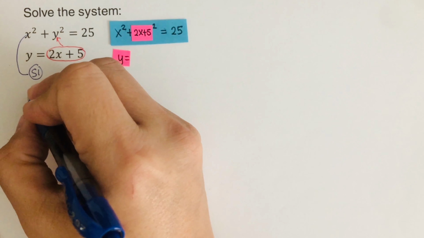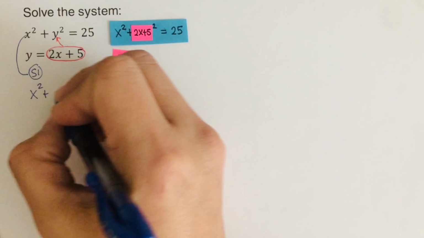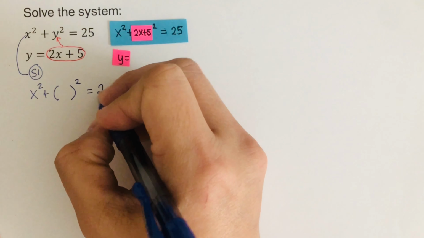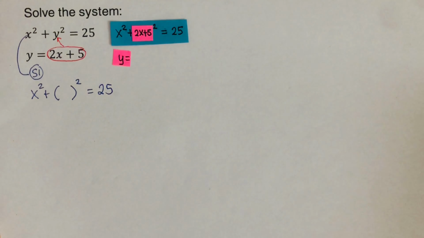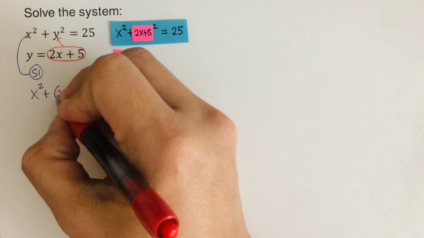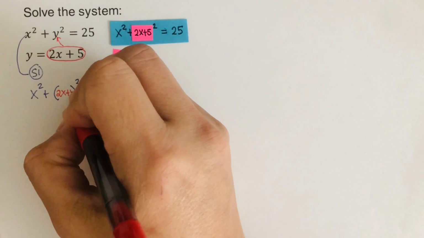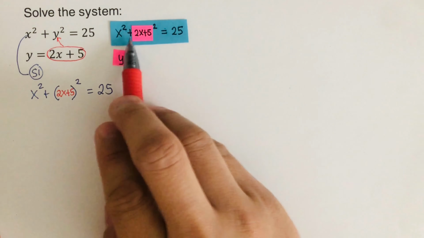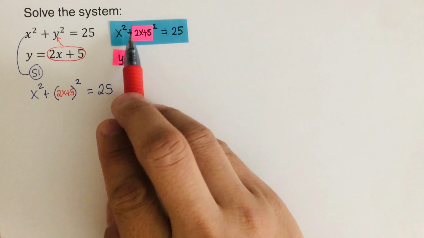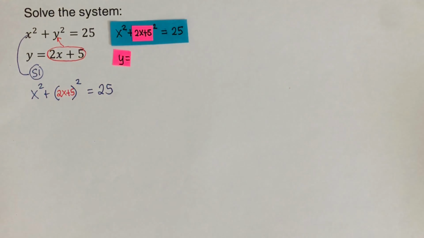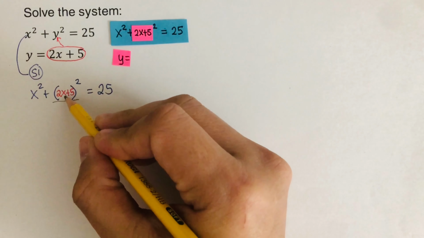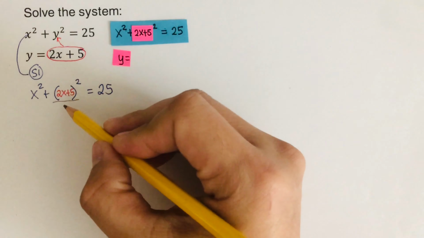So this equation would come out as x squared plus parentheses squared is equal to 25. And then again, we are putting in 2x plus 5, so I put 2x plus 5 here. It's pretty similar to the one on the cards that I have placed right here. We are going to use the area model so that we can multiply these two binomials.